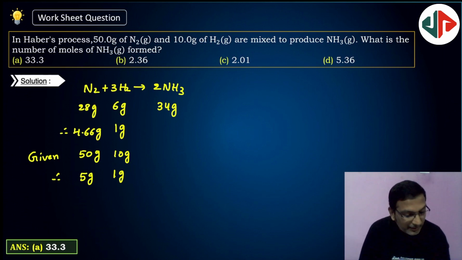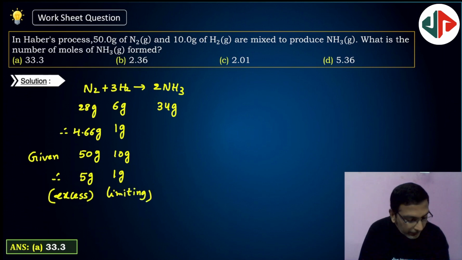For 1 gram of H2, 5 grams of N2 is present. Therefore, excess quantity of N2 is present. Therefore, N2 is in excess and H2 is limiting. So from H2 we can calculate ammonia formation.